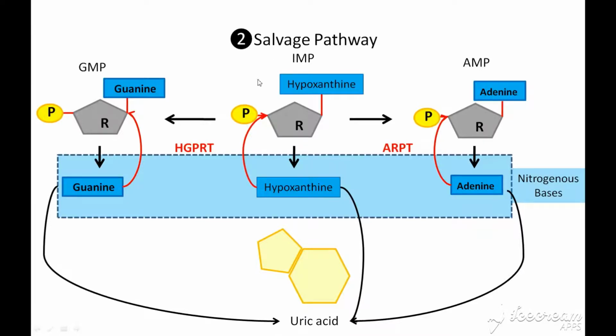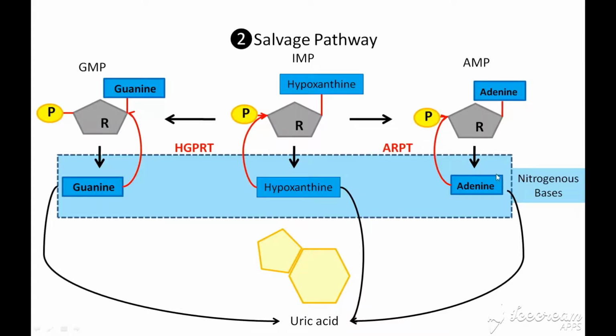The second pathway for purine synthesis is the salvage pathway. Here, our body salvages the excess nitrogenous bases that come from either our diet or from cell turnover, and converts them back into their respective nucleotides. As part of the purine degradation process in our body, GMP will be converted into guanine, its nitrogenous base. IMP is going to be converted into hypoxanthine, and AMP will be converted into adenine.